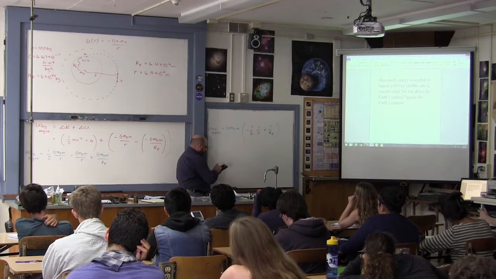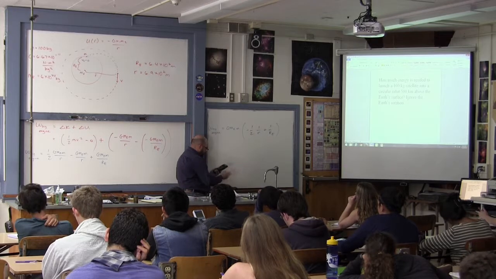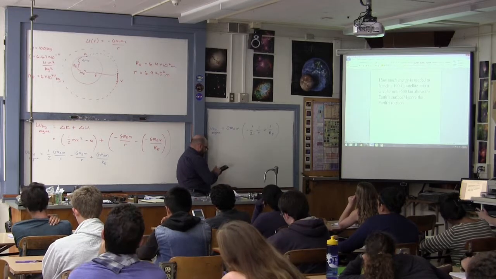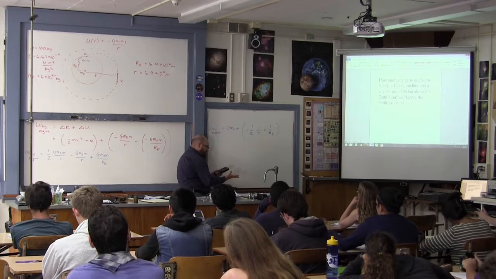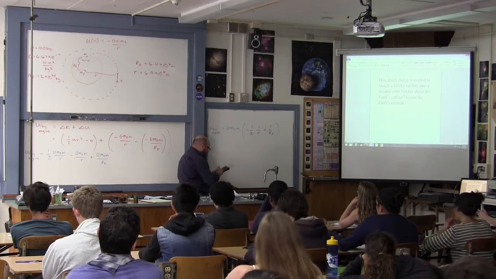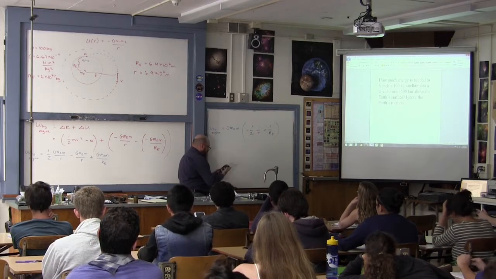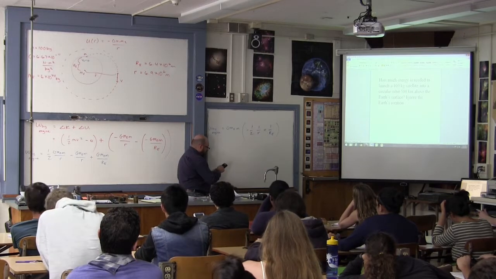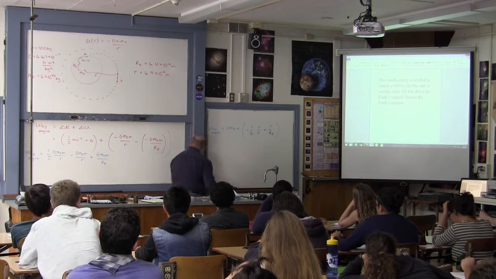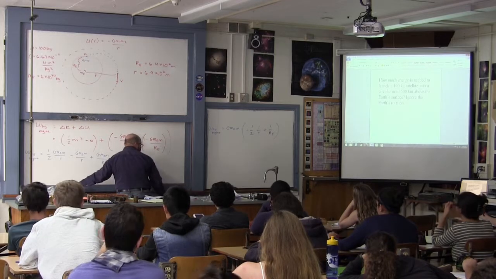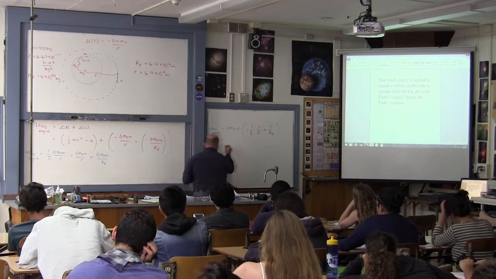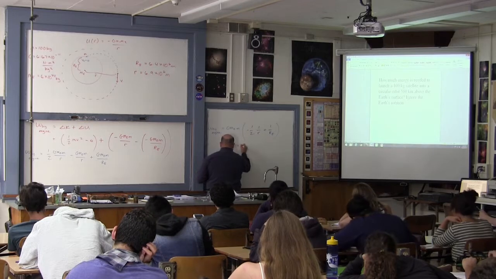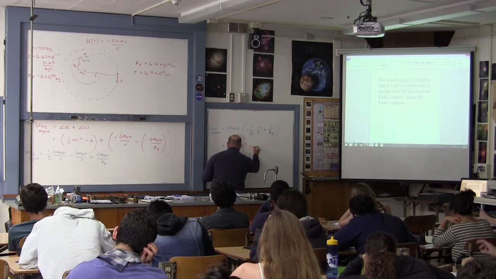Times G, times the mass of the earth, times the mass of our payload, which remember is given to us as 100 kilograms, so a reasonably sized satellite. We end up with a gigantic number in terms of joules, about 3.3 billion joules. 3 times 10 to the 9 joules.